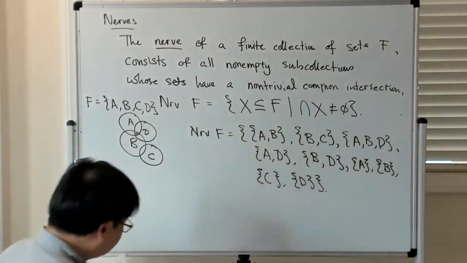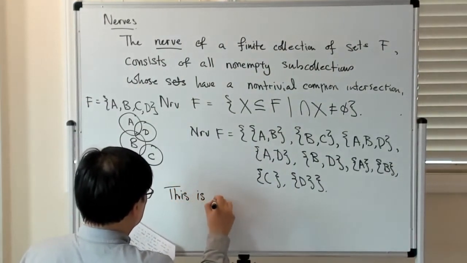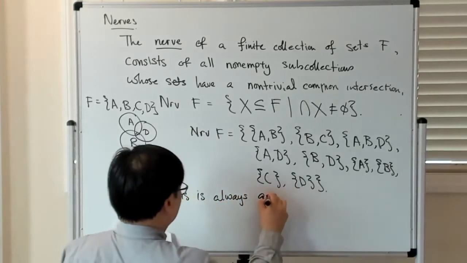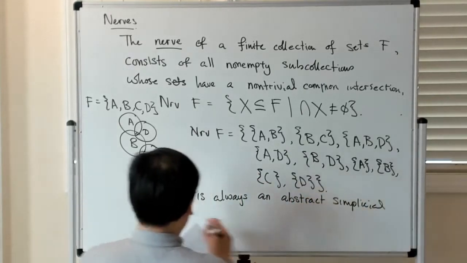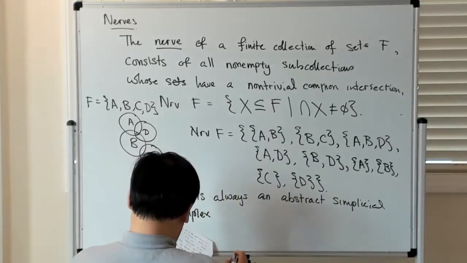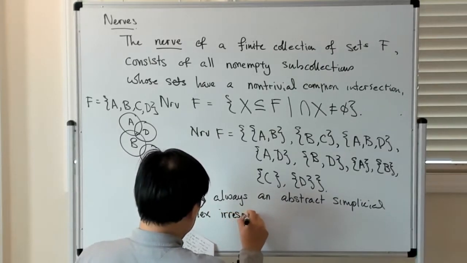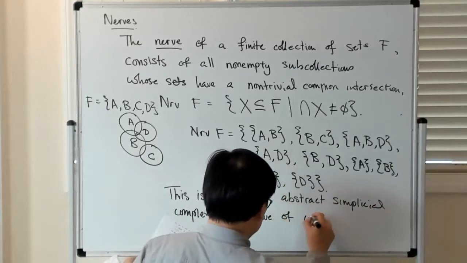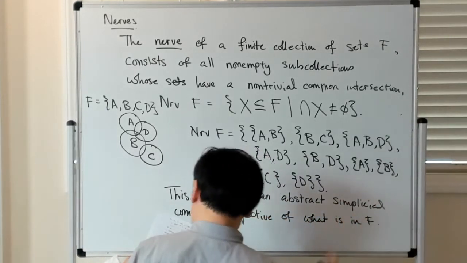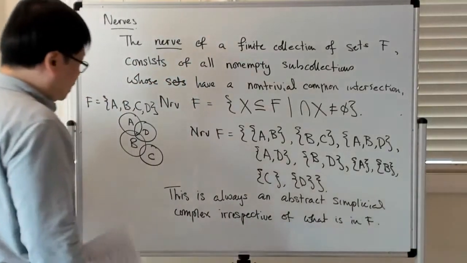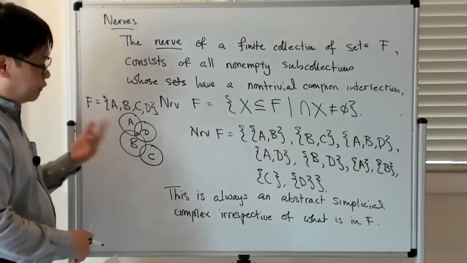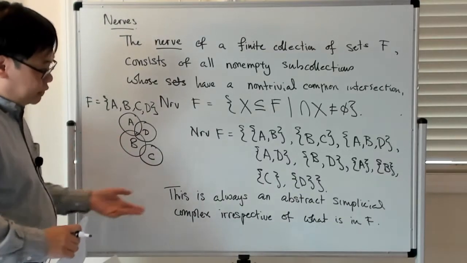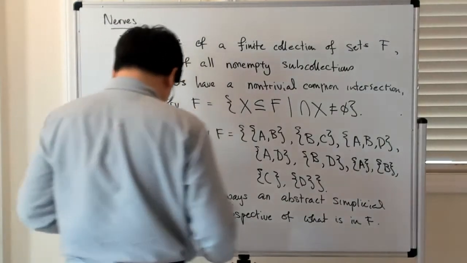The point is that this is always an abstract simplicial complex, irrespective of what is in F. So again, the whole idea of nerves is that if you have a collection of sets, then looking at how these sets intersect gives you a structure which has the structure of an abstract simplicial complex.